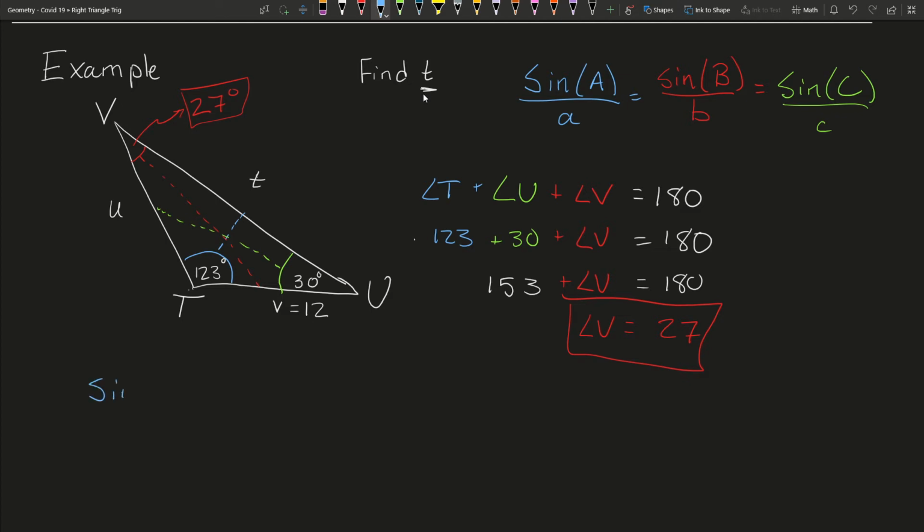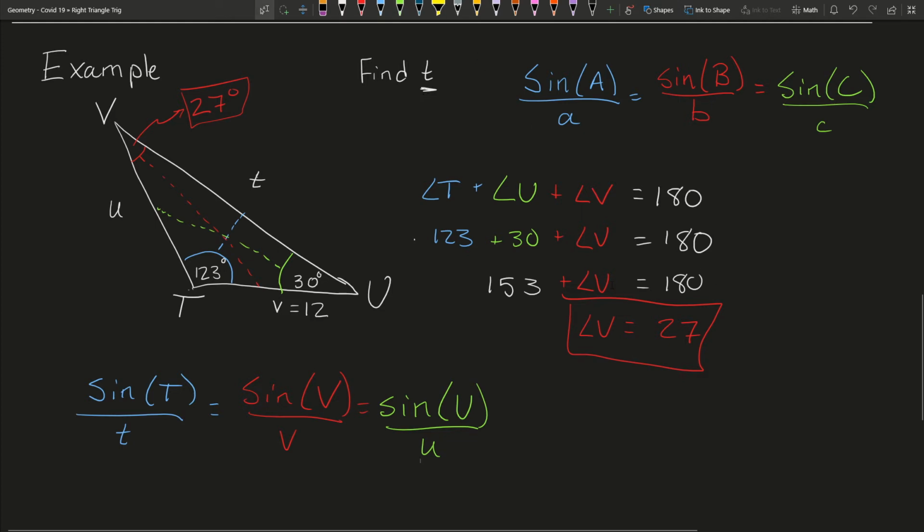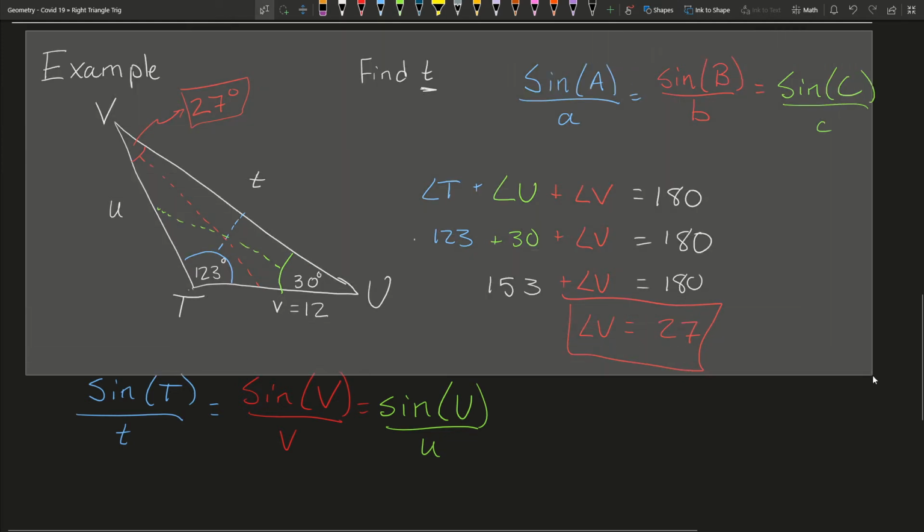The sine of angle T over T is equal to the sine of V over V is equal to the sine of U over U. And then we can substitute in things that we know. I'm going to make this just a little bit smaller so I can see.